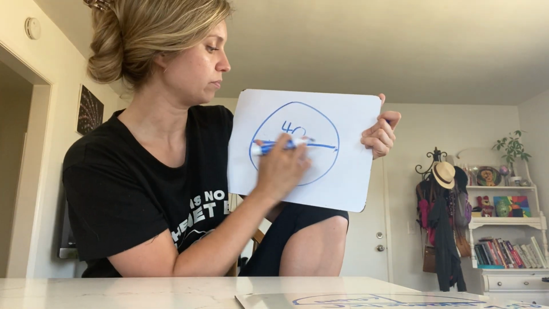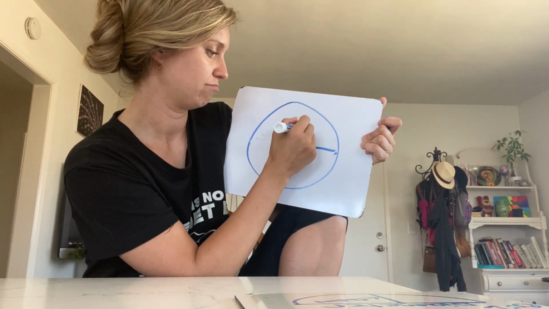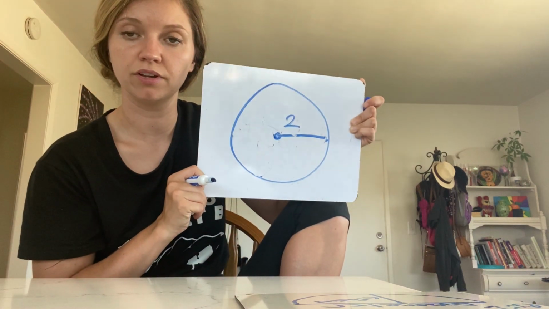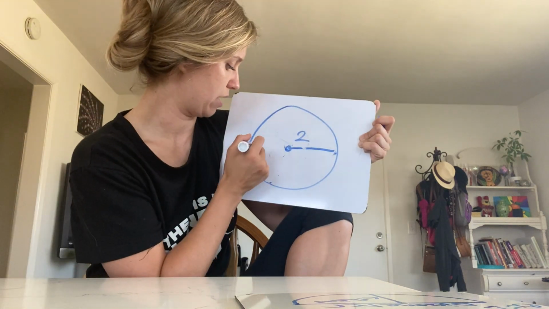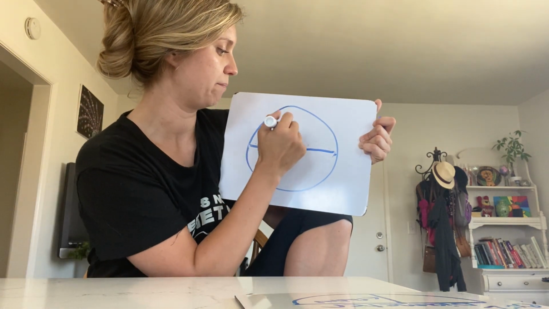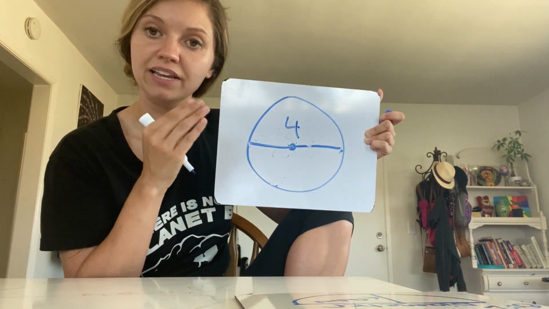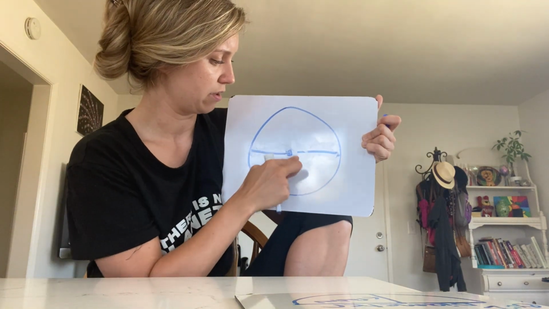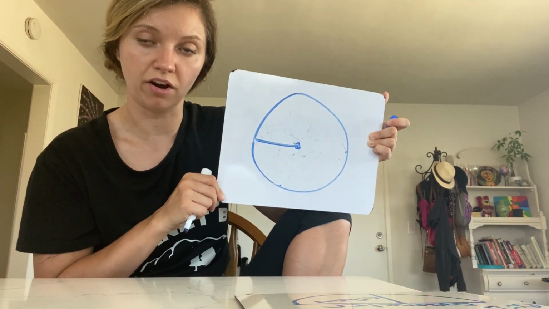Okay, now, what if they said the radius was 2? What's the diameter? 4, right, okay. So just remember that. The diameter is all the way across. The radius is exactly halfway across, all right?